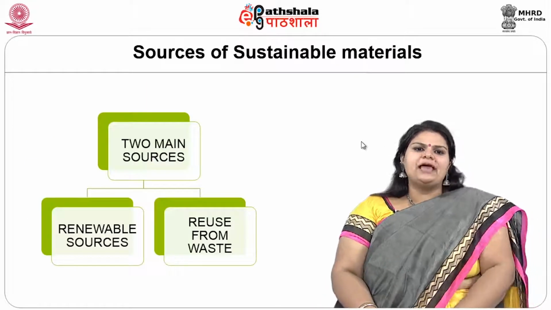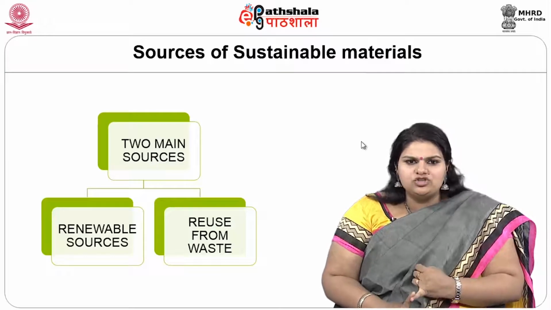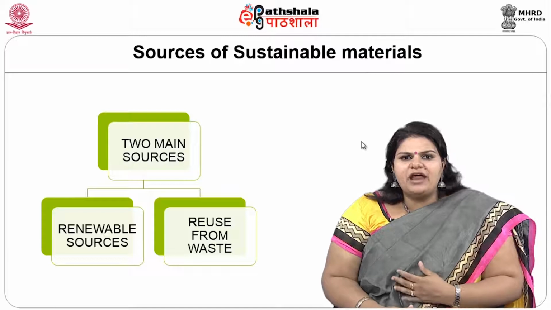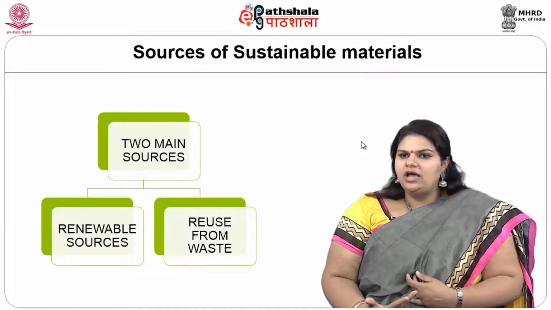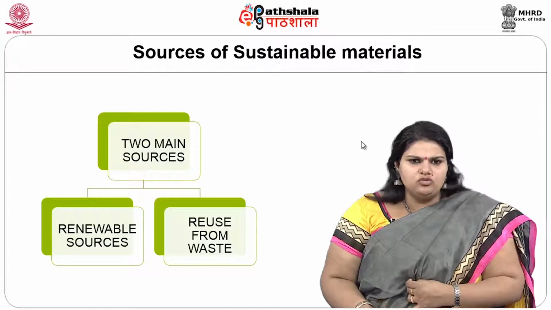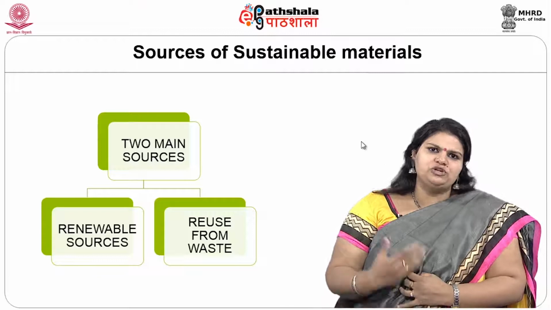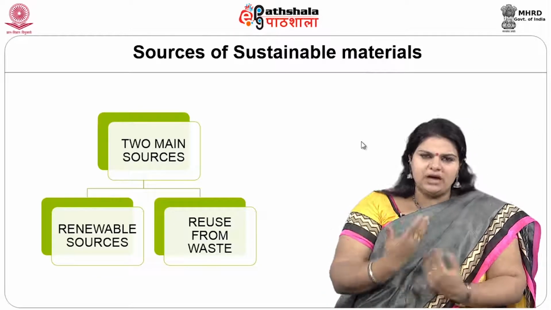Now, if you look at the primary sources of sustainable materials, you have renewable sources or reuse from waste. If you think of renewable sources, it is basically wood, timber, all of those things that we usually have. Reuse from waste is also a very good option, because we are talking about materials which are being salvaged from other sites.